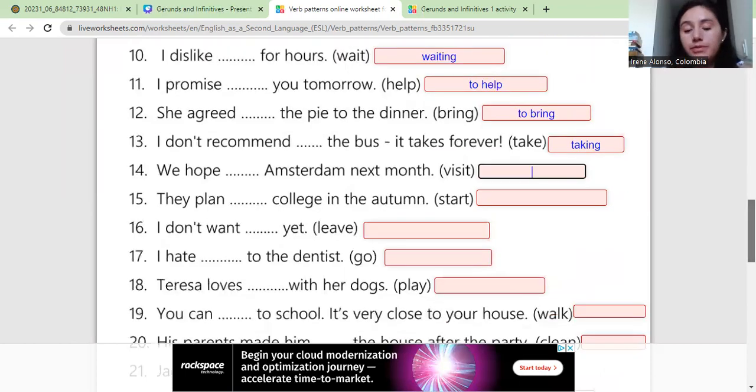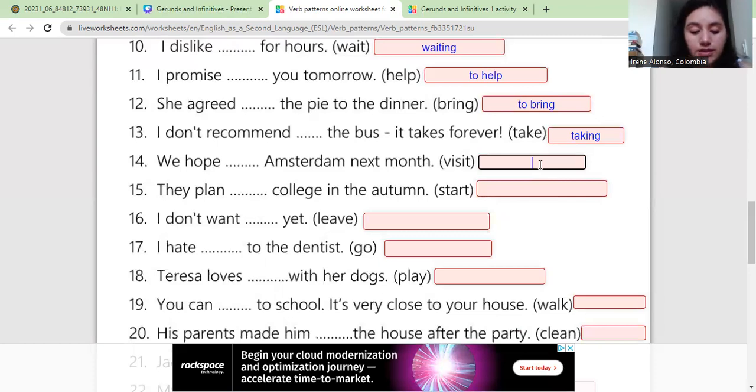We have to visit. They plan to start. I remember this more from the context because I practice this almost every day.